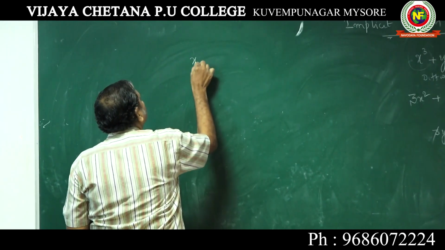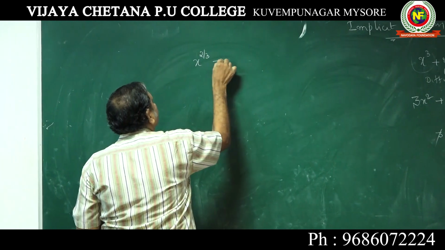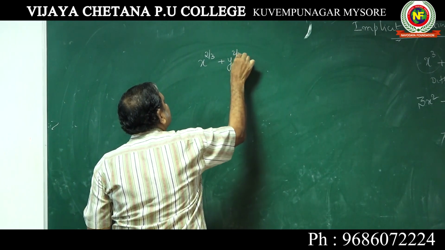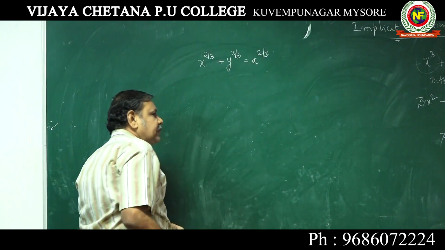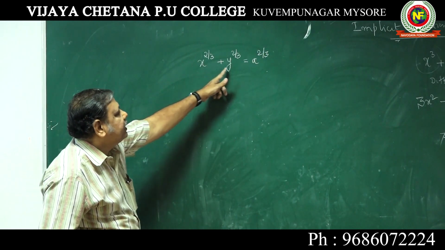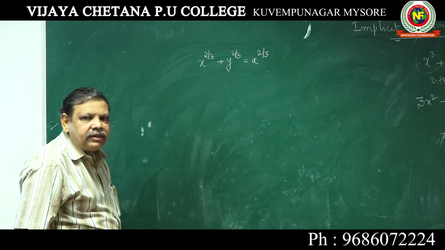X to the power of 2 by 3 plus y to the power of 2 by 3 is equal to a to the power of 2 by 3. Differentiate this. This is an implicit function. X, y and a constant are there.